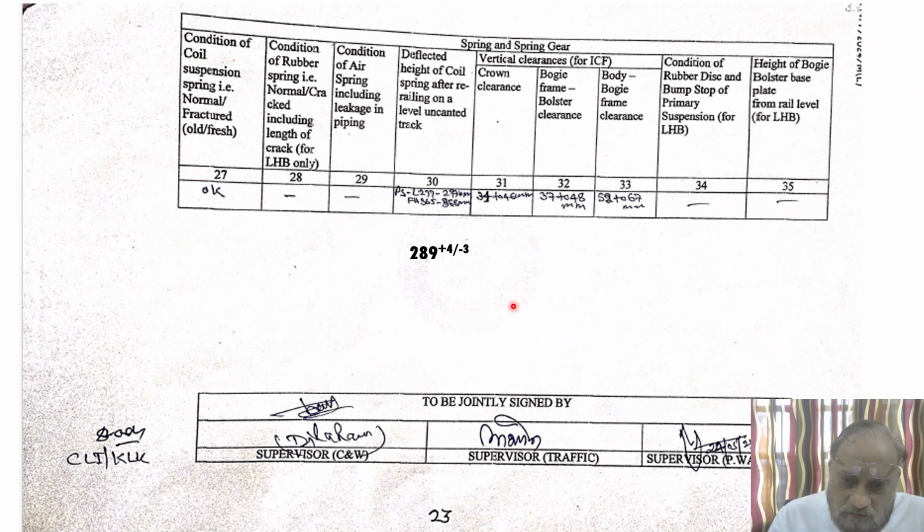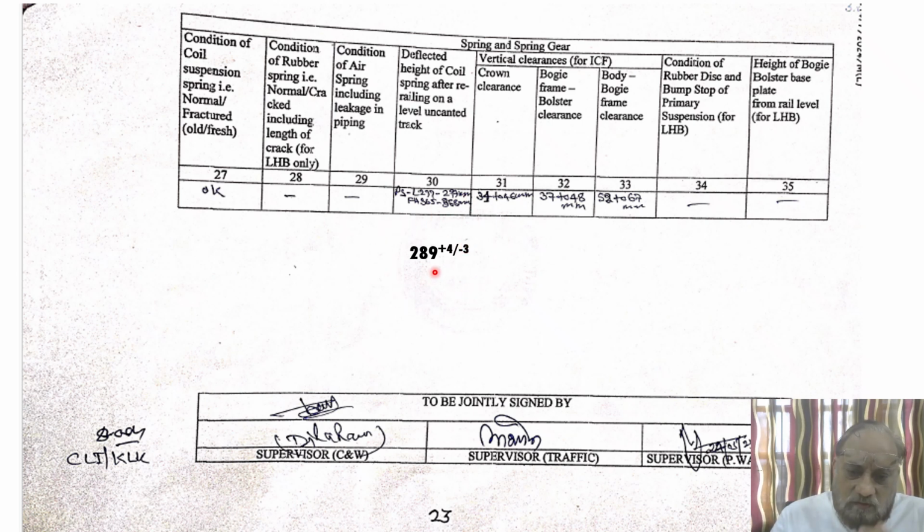The measurements were not complete, but here the primary springs were in the range of 277 and 297, if I can read it correctly because it's in very small font, and the free height is in the range of 365, 366. Okay. So this is the working range.